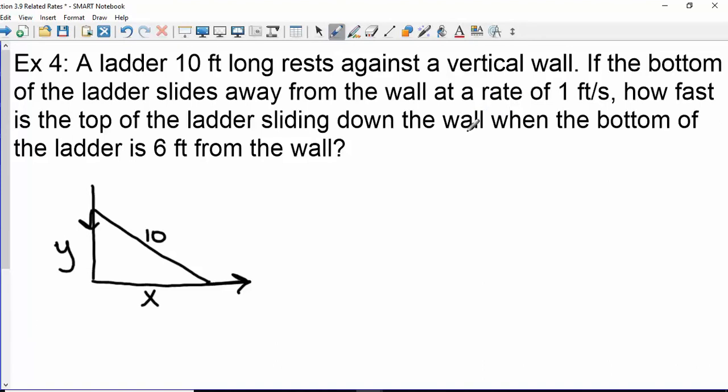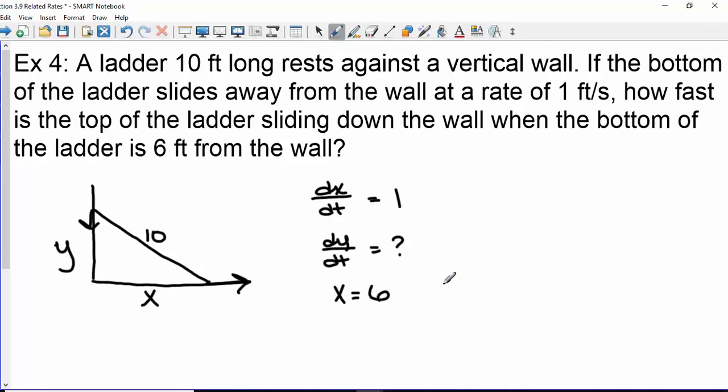Alright, so we know the bottom is sliding away from the wall. So the bottom is x. If I'm talking about how it's changing, that's the derivative. So dx dt is 1 foot per second. I want to know how fast the top is sliding down. So we are looking for how the top changes. So that's dy dt. When the bottom, so that's x, is 6 feet from the wall.